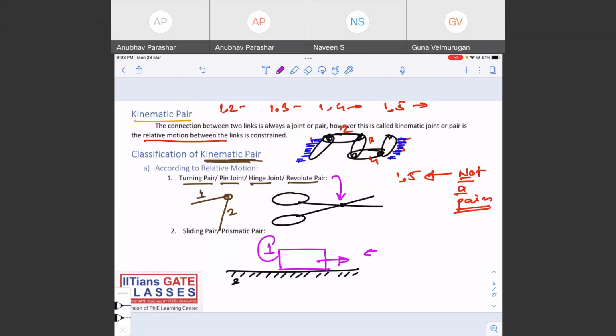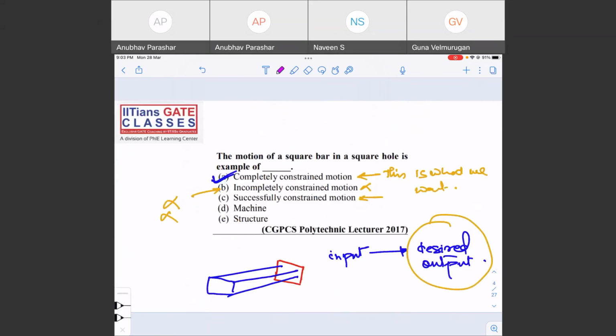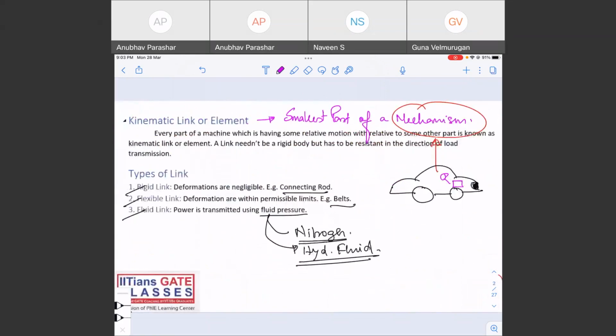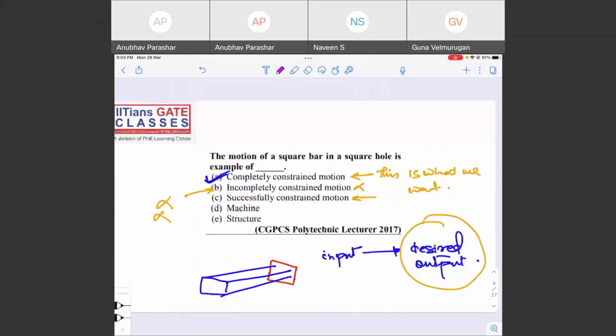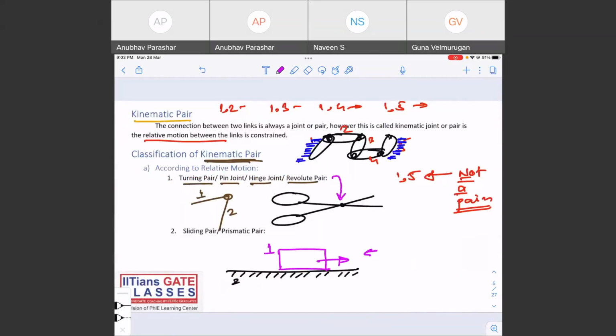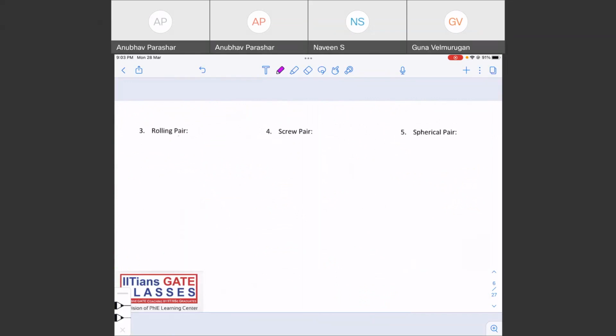Whatever we are saying, 1, 2, these are links. What is a link? It is the smallest part of a mechanism. Okay. What next? You have the rolling pair.